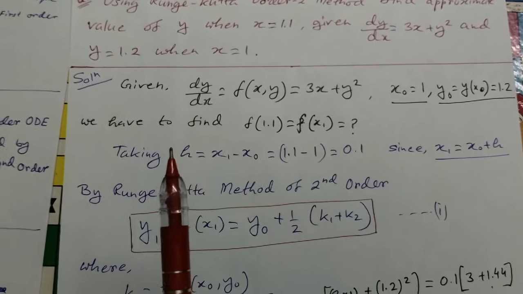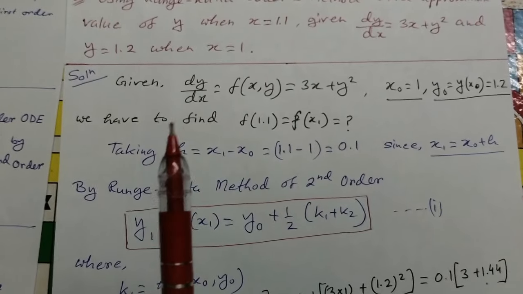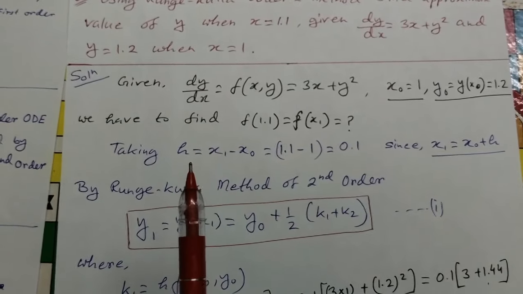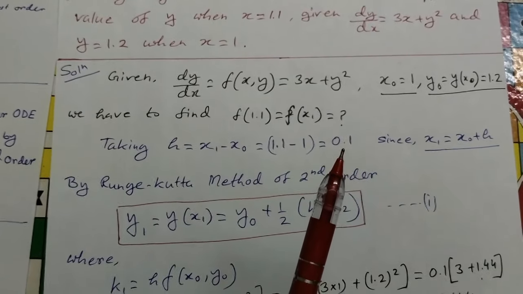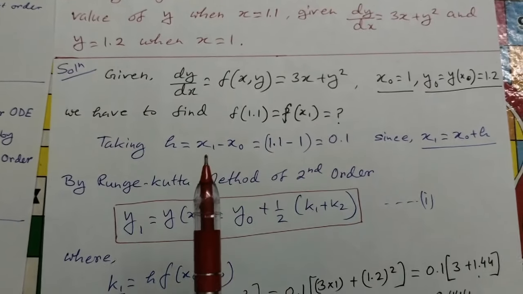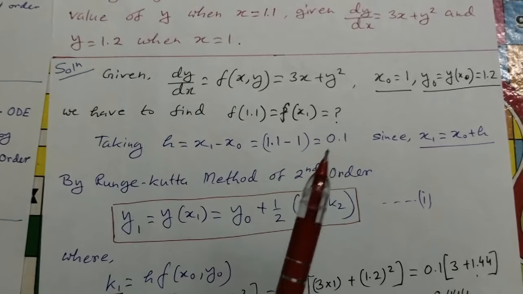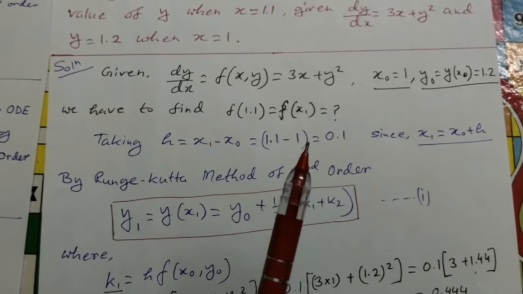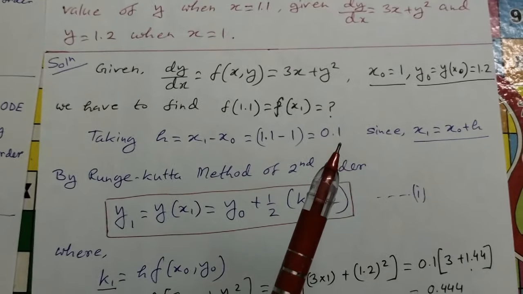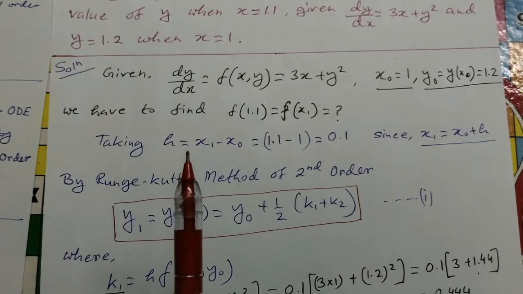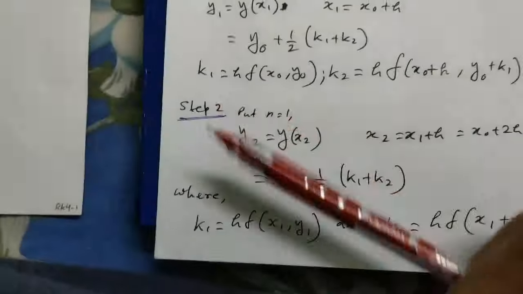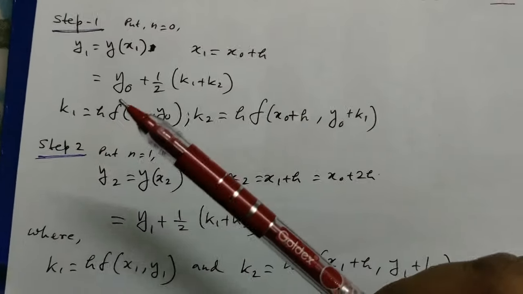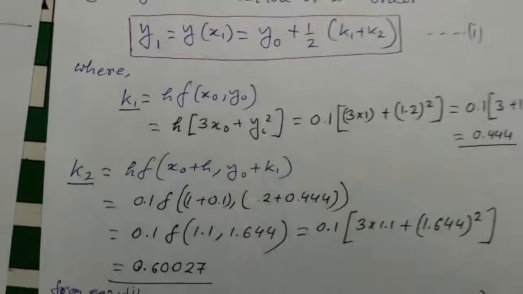It is up to us what value we take for h. Here we have taken h equals 0.1, which means only one step to follow. We could take h as 0.1 by 2, then we would go for 2 steps.